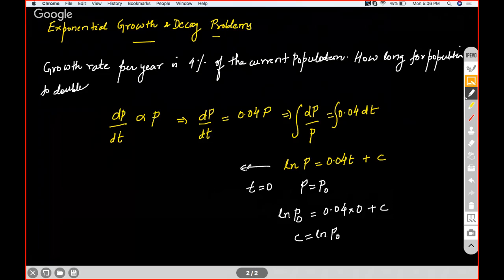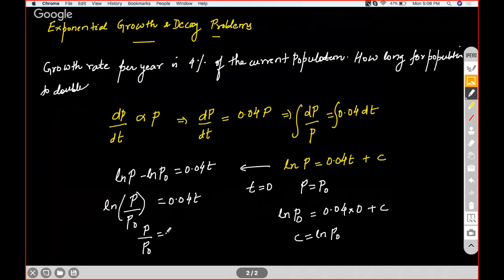So I can again restructure this and write it as ln P minus ln P naught is 0.04 t. That means ln of P by P naught is going to be 0.04 t. So P by P naught is going to be e raised to the power 0.04 t. In fact, we don't need to do that because we need to find the time here. So let it be as such.